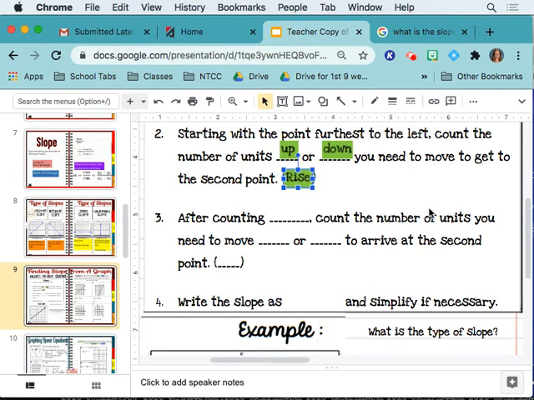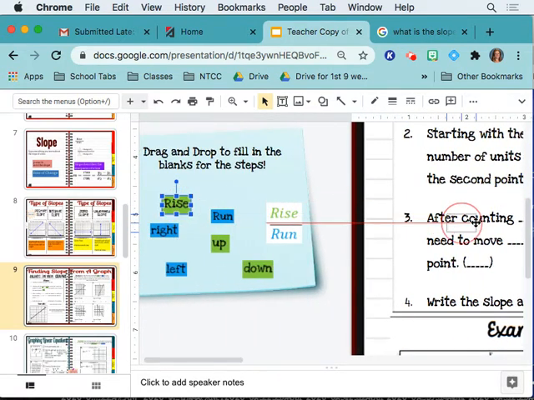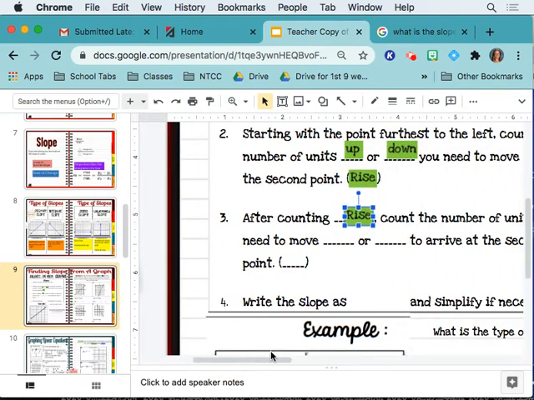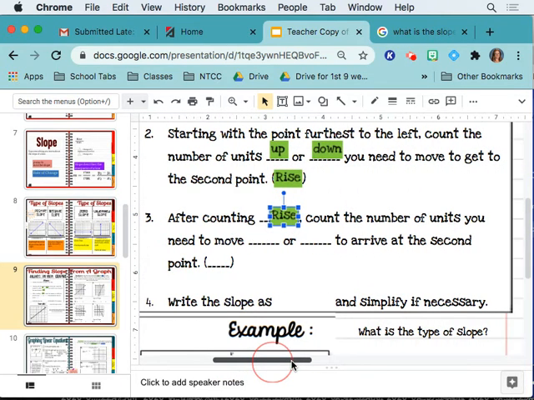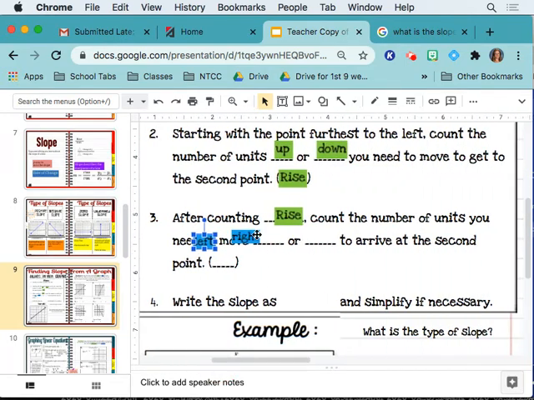You're filling in the blank by dragging and dropping. After counting the rise, count the number of units needed to move left and right to arrive at the second point.